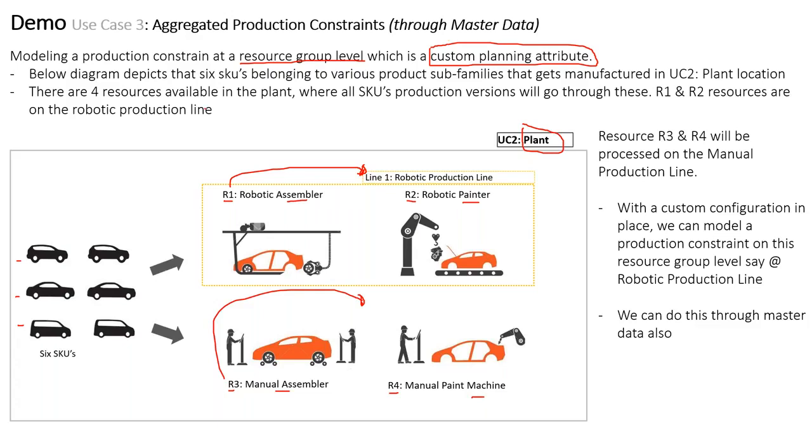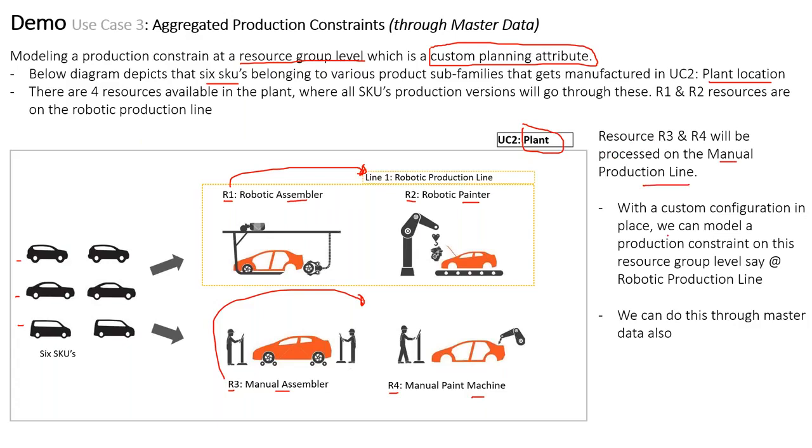The diagram below depicts 6 SKUs belonging to various product families that get manufactured in a plant location. There are 4 resources available in the plant, where all SKU production versions go through them. R1 and R2 are on the robotic production line, and R3 and R4 will be processed on the manual production line.